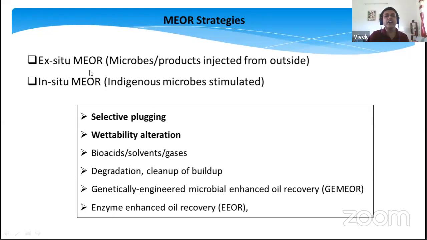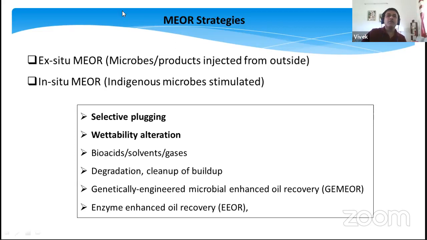The second approach is in situ oil recovery, under which we try to stimulate the indigenous microorganisms present in the native reservoir. We biostimulate them by feeding them cheaper nutrients, cheaper substrates.